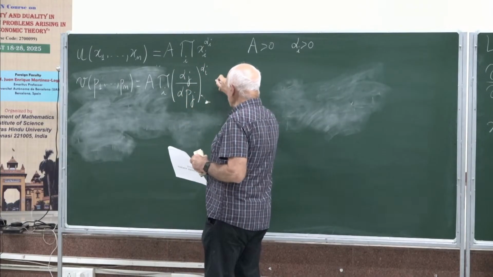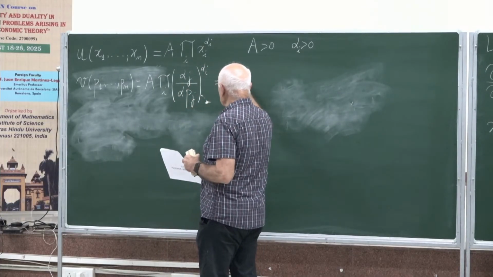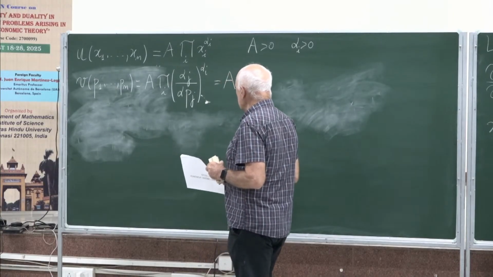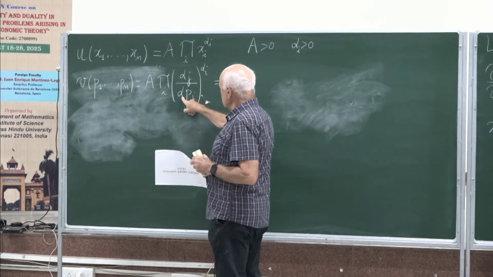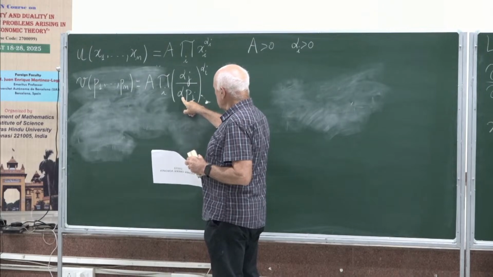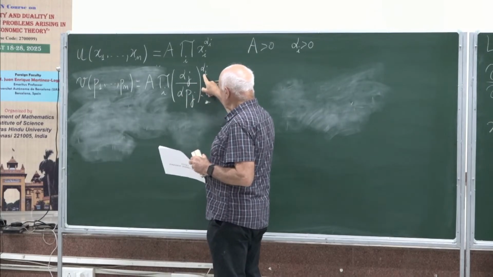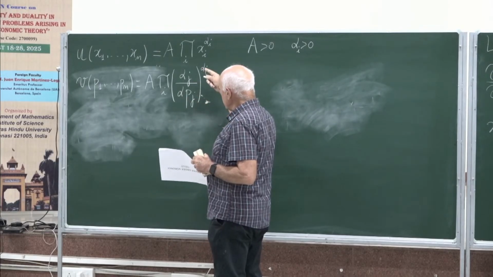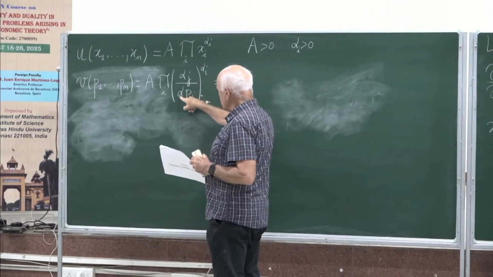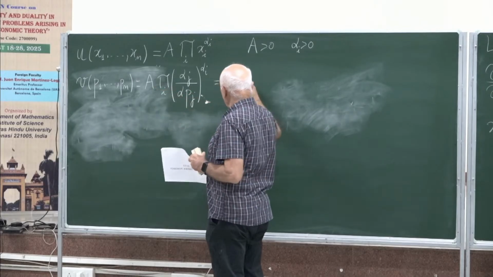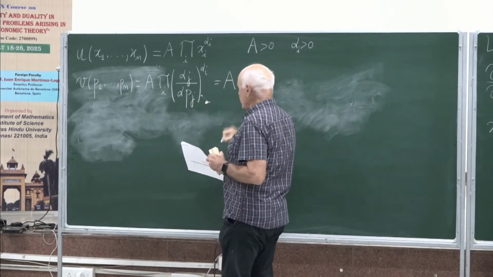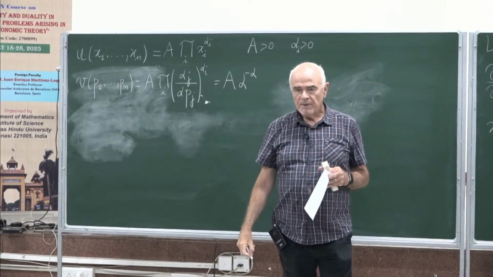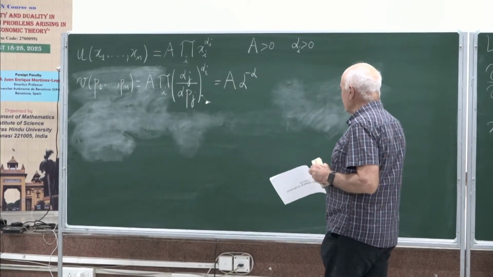Which I can rewrite as A times alpha to the power minus alpha, since the product of the denominators has the sum as exponent, but it's in the denominator, so it comes out with a minus exponent.